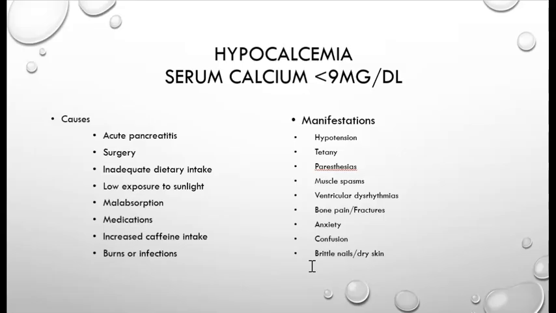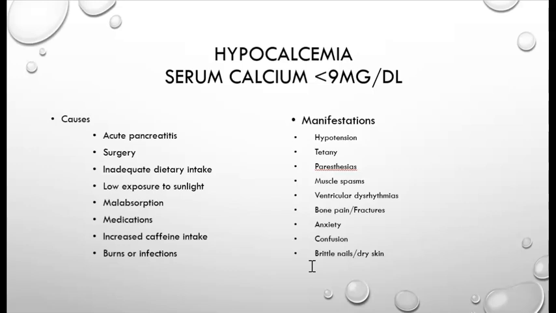So hypocalcemia, or low calcium levels, that's your below 9. And this results from decreased total body calcium stores or decreased ECF calcium with normal calcium stores in the bones.